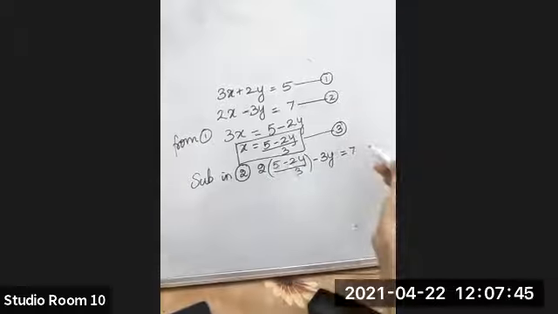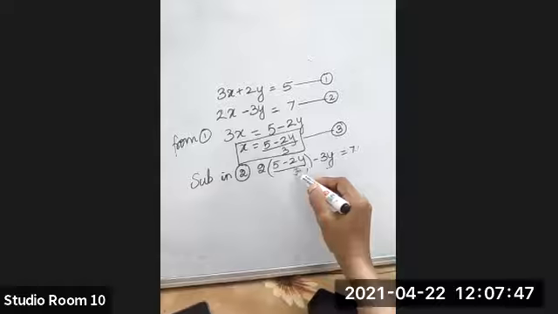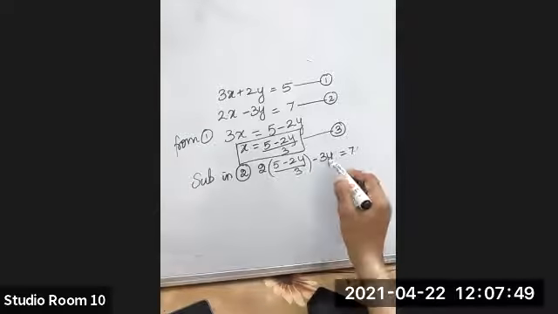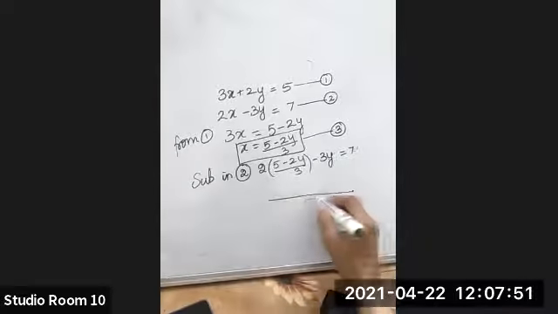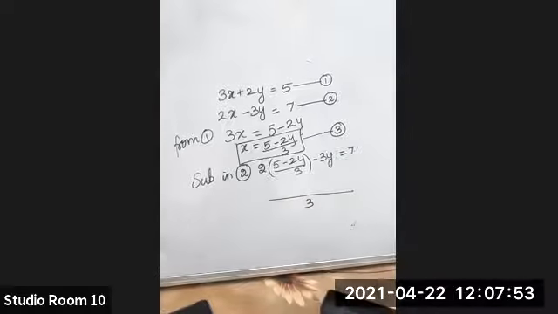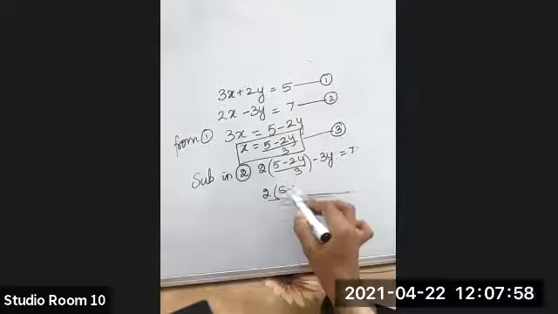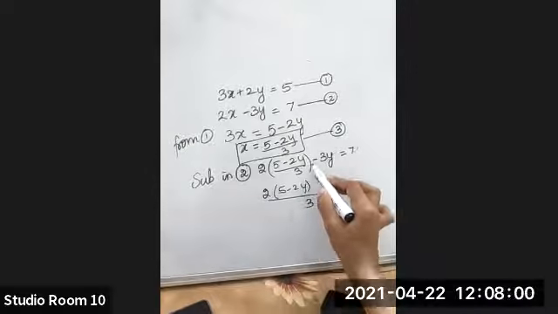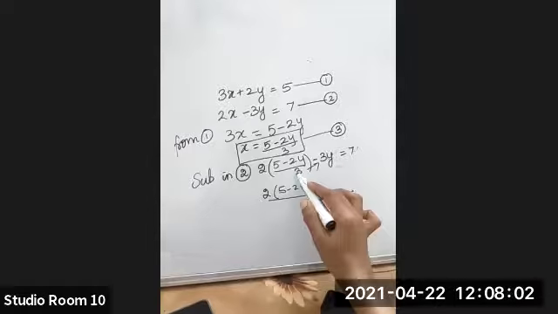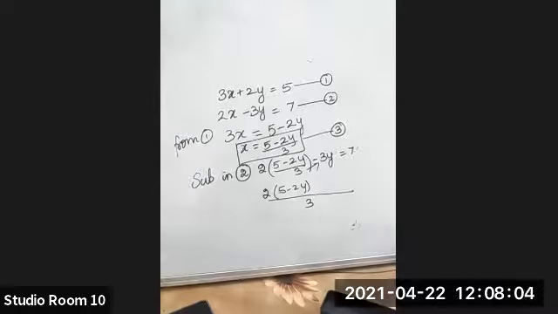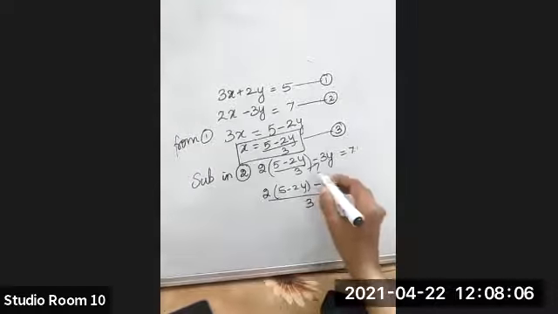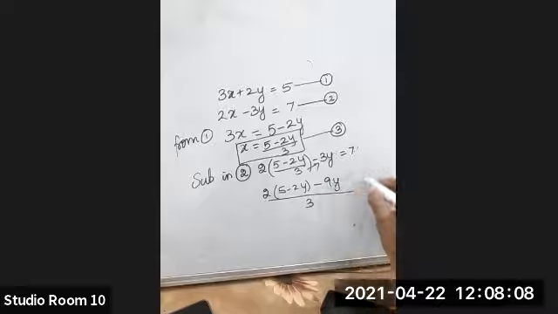Suppose we want to take it to the other side, first we should give this 3 to the other term. We take 3 as the common LCM. So 2 into (5 minus 2y), and cross multiplying, minus 3 into 3, that is 9y, equal to 7.